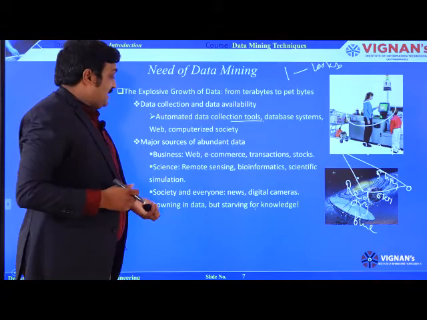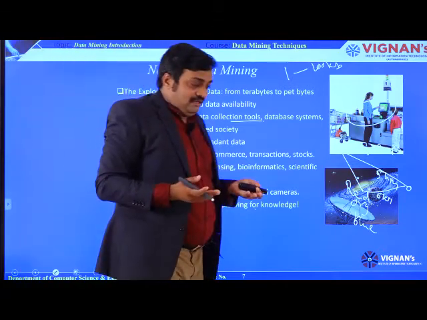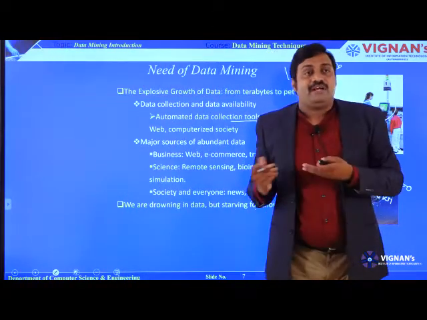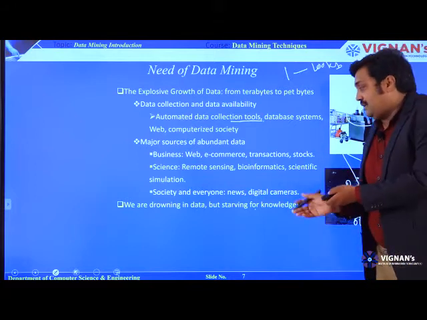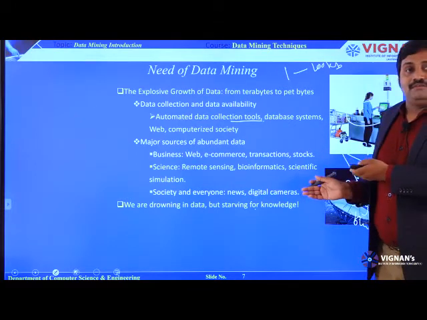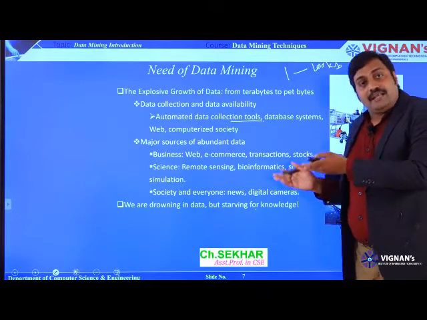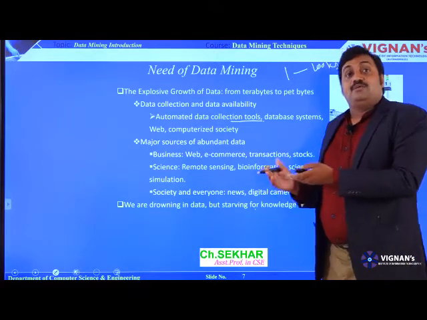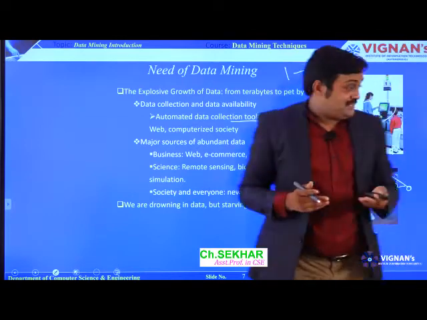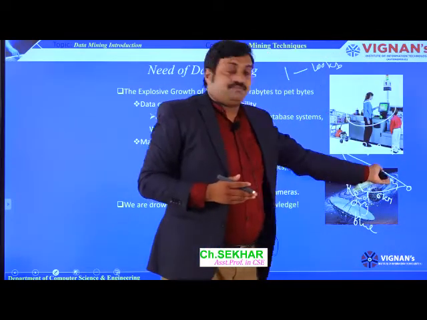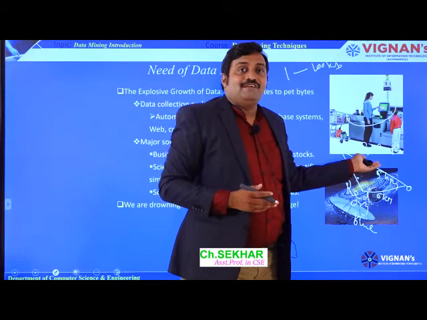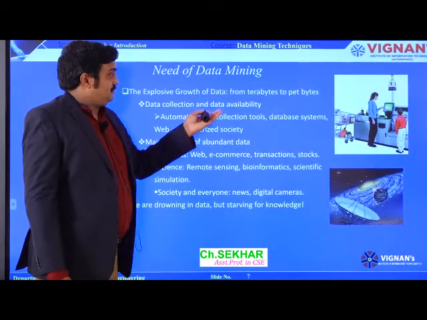Now, we have a huge amount of data. But what we need is knowledge, a streaming of knowledge. We are trying to extract the required data to take the right decision. The best example is our Google Maps example.